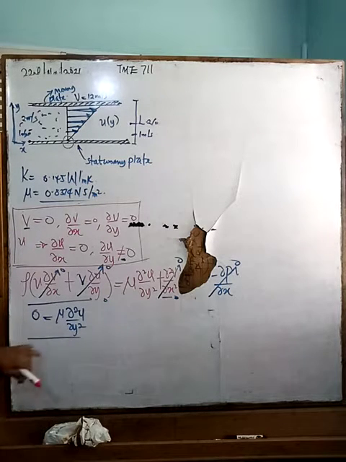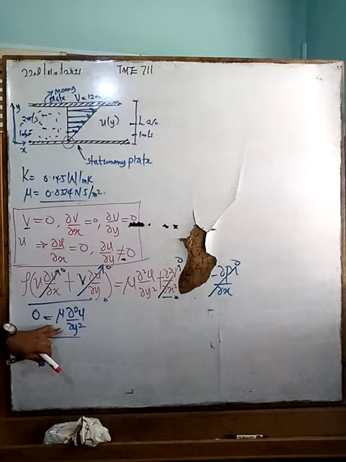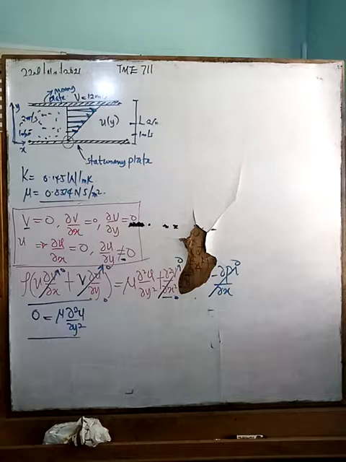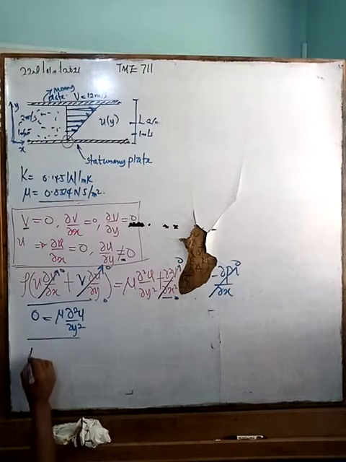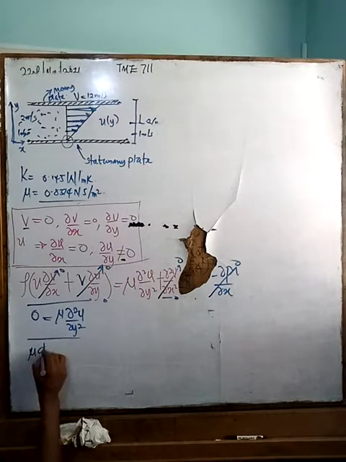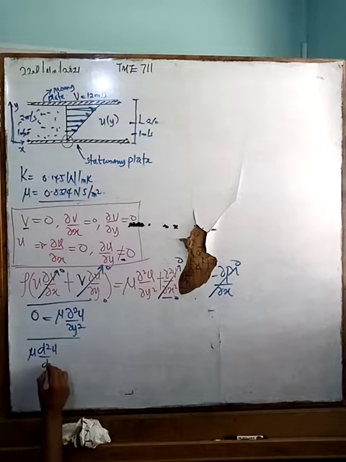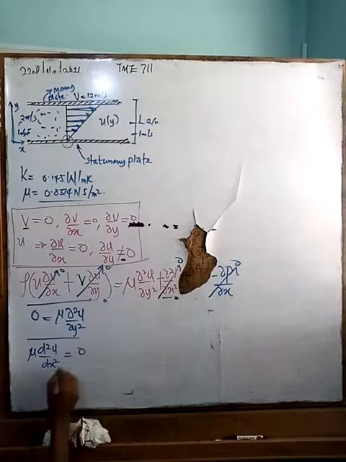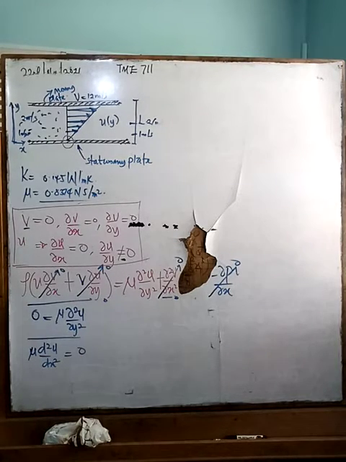Now, since this equation is only one dimensional, we can change it to a total differential. So this gives us mu times d square u over dy square is equal to 0. We can now integrate this equation.